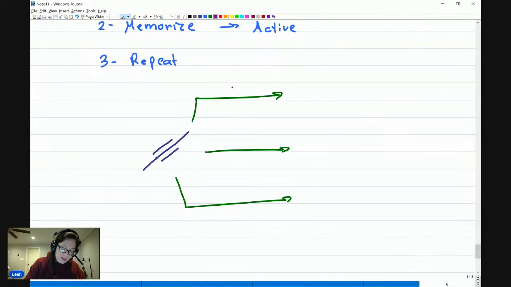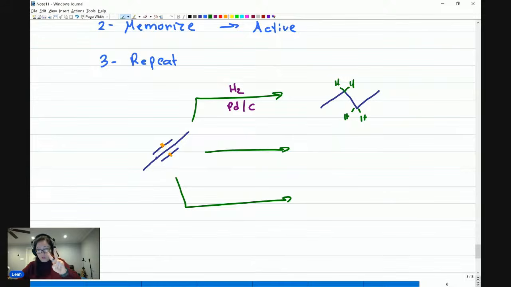If I react it with H2 and something like a palladium carbide catalyst, just H2 and metal, then I'm going to get a complete reduction where every pi bond is broken. Notice there are no oxygens here, but the pi bond is a carbon-to-carbon bond, now turns into carbon to hydrogen and another carbon to hydrogen. This is a double reduction. Each carbon is reduced twice, once per pi bond.